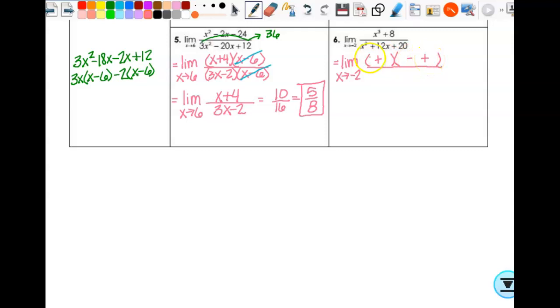Cube root of x cubed is x. Cube root of 8 is 2. This one is x squared. The middle term is these two multiplied together. Last term is the second one squared.